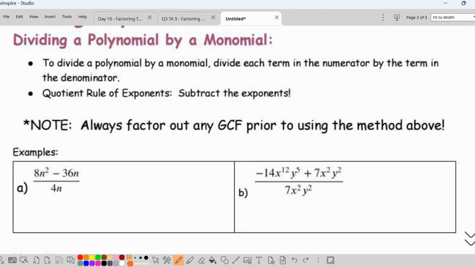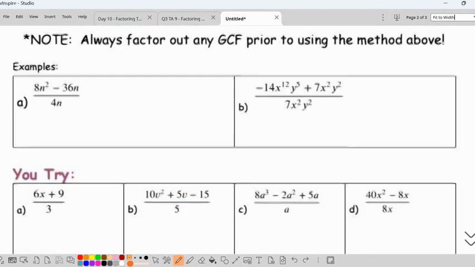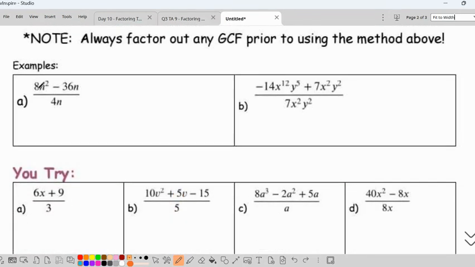It says 8n squared minus 36n divided by 4n. We're going to go ahead and divide the coefficients for each term. So it's almost like we're setting up two separate math problems. 8n squared divided by 4n. 8 divided by 4 is 2. n squared divided by n, we subtract the exponents and we're left with an n.